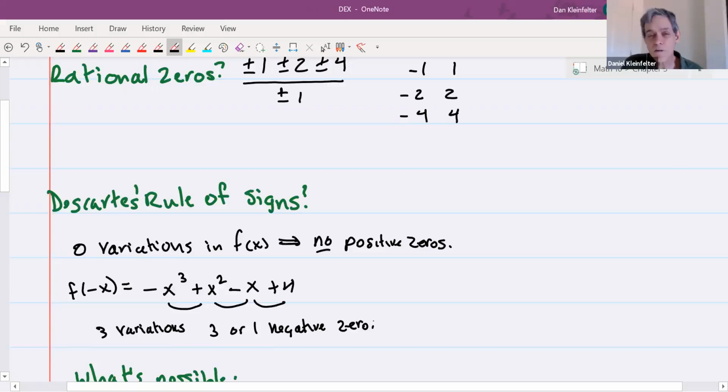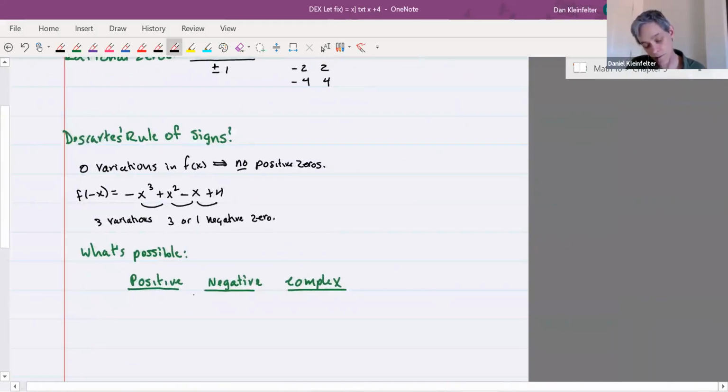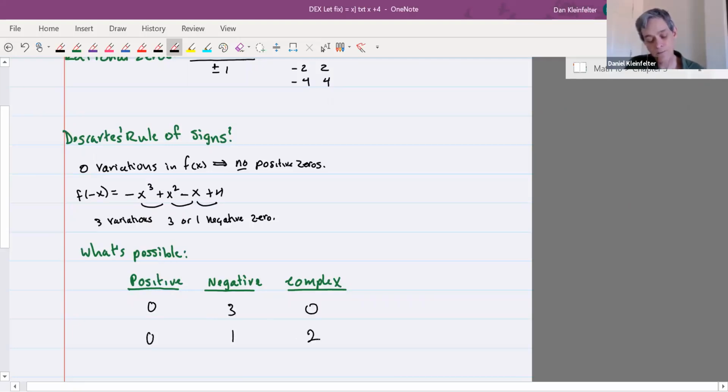Okay, if there's 1 negative, then that would mean that 2 would have to be complex. So what's possible at this point is we could have no positives, 3 negatives, and no complex, or no positives, 1 negative, and 2 complex. All right, so that will be our possibilities.